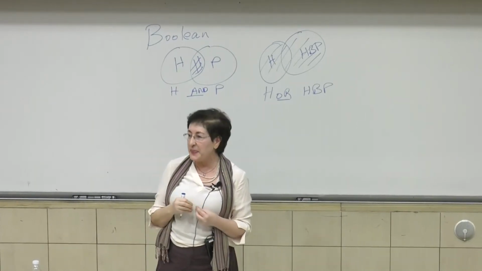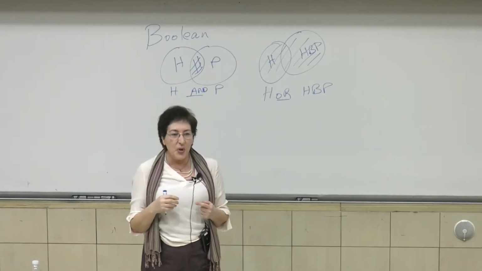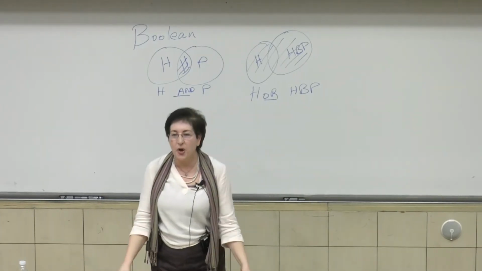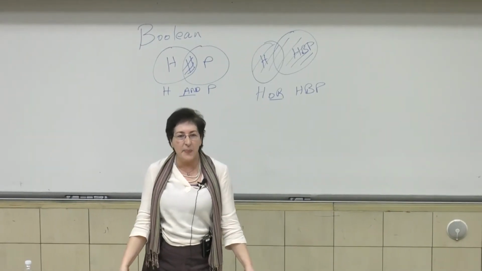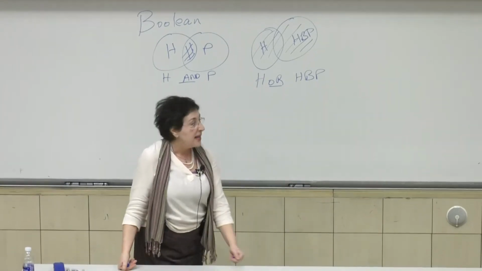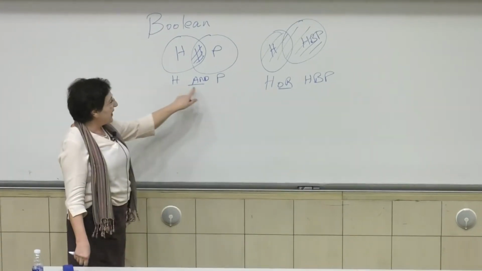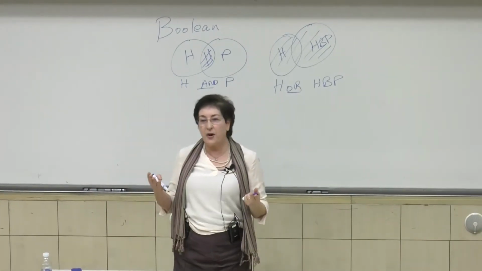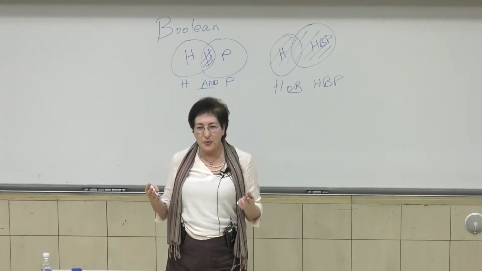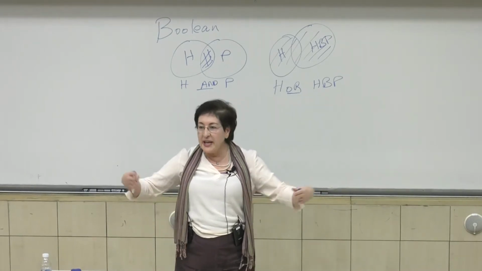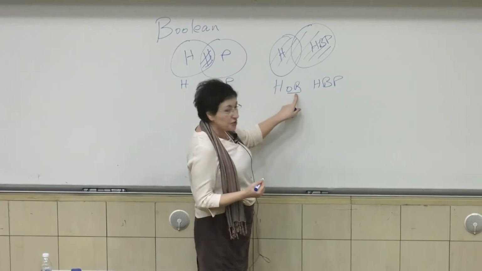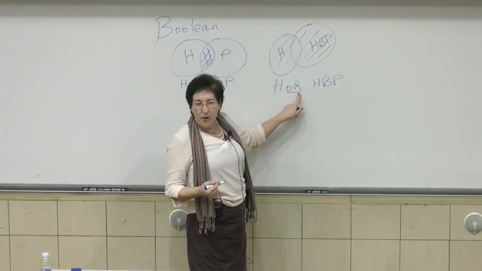But it gets a little more complicated if I'm using different operators. For example, if I'm interested in hypertension in pregnancy, and I said hypertension AND pregnancy, and I didn't find enough records, what should I do? I should enlarge my search by including the OR.